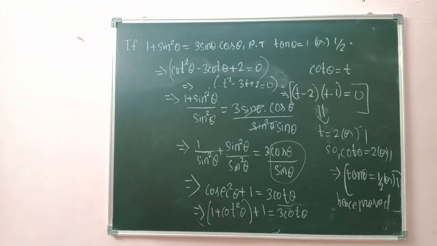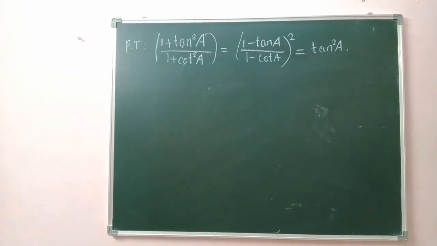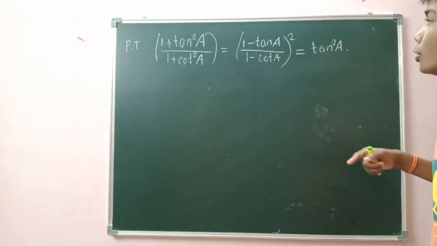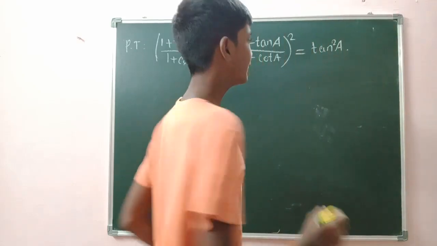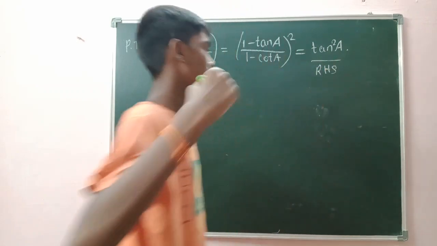So I think we can solve one more last question, and that's a very good one. The next one is: prove that 1 plus tan square A divided by 1 plus cot square A is equal to 1 minus tan A divided by 1 minus cot A, the whole square, which is equal to tan square A. Basically, let me take this as the RHS. This is my methodology.